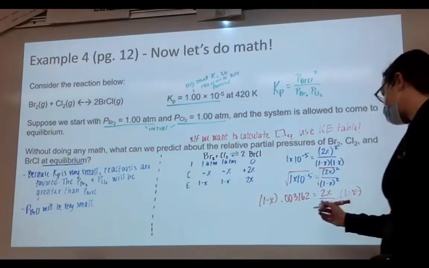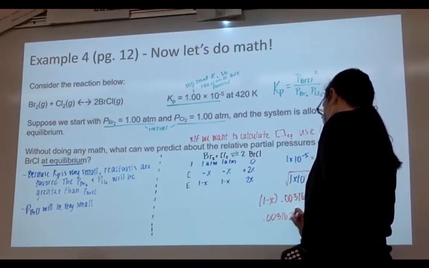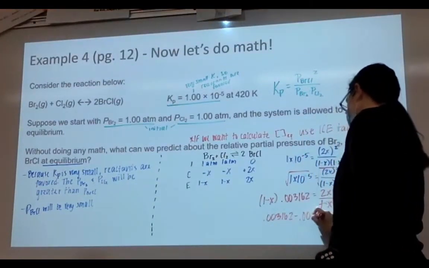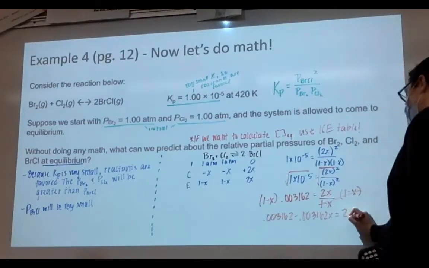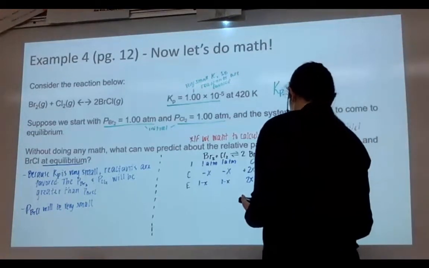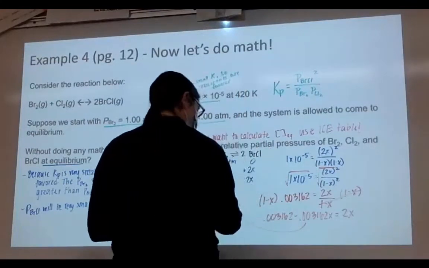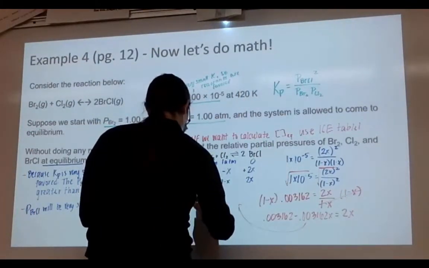So then I get 0.003162 minus 0.003162 times x equals 2x. So 2 plus 0.003162. I'm going to move this up here.